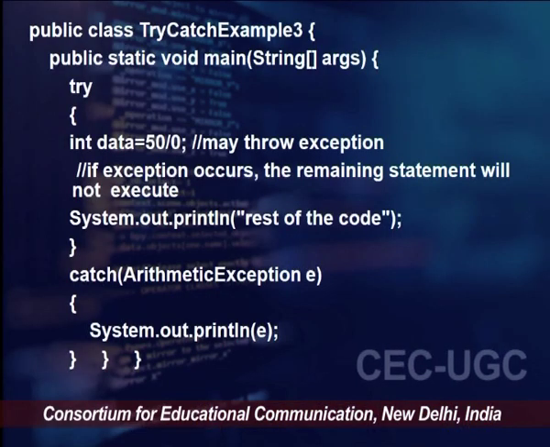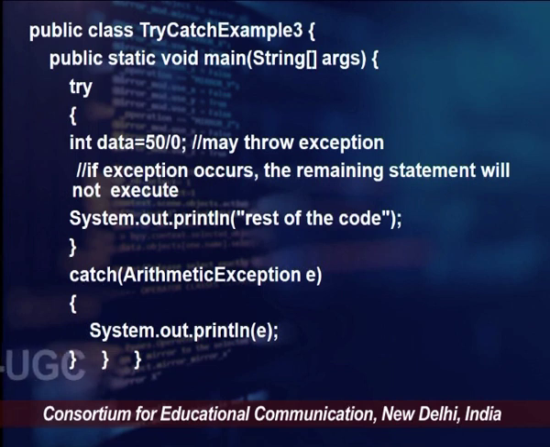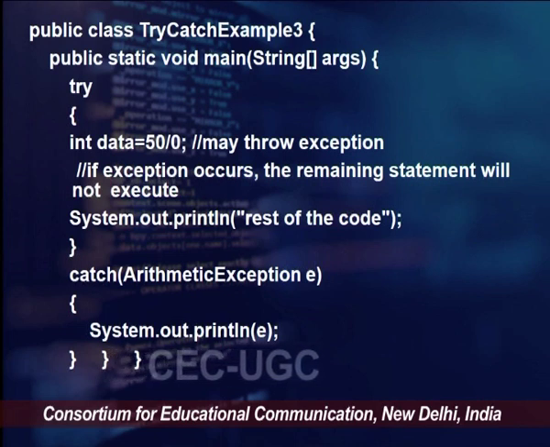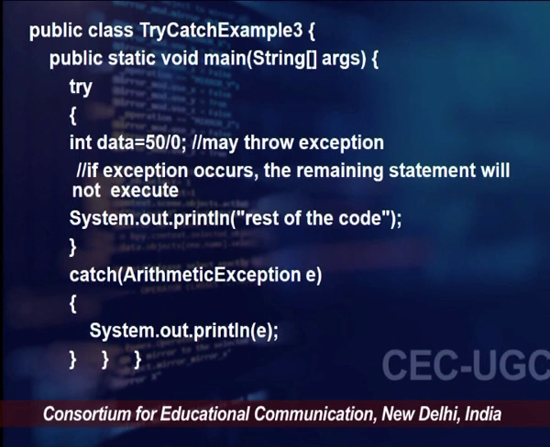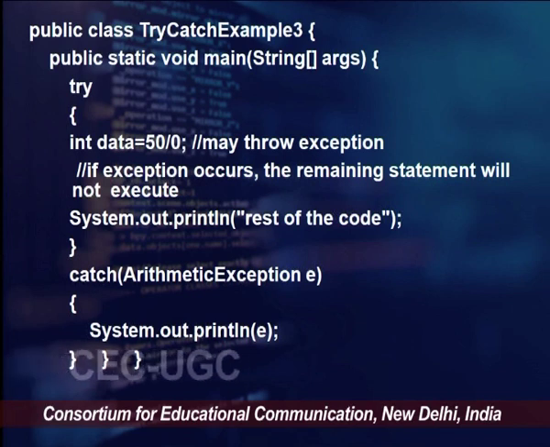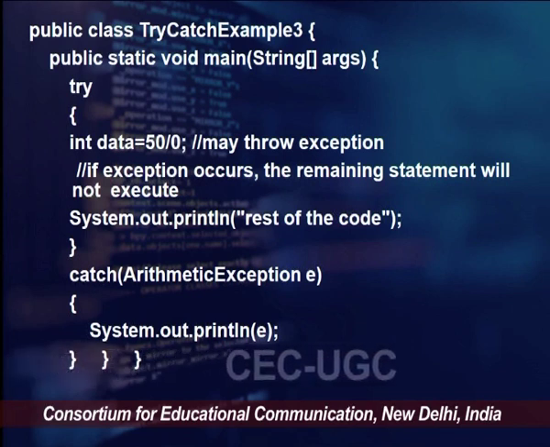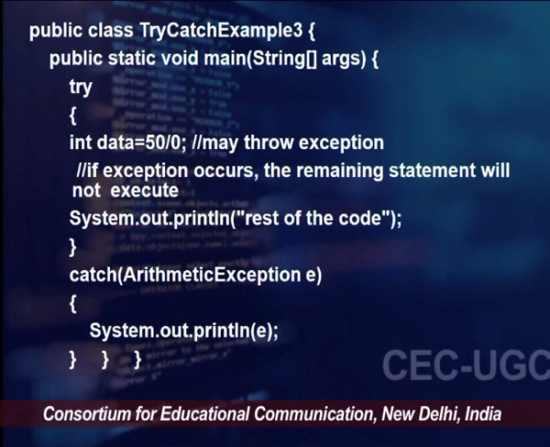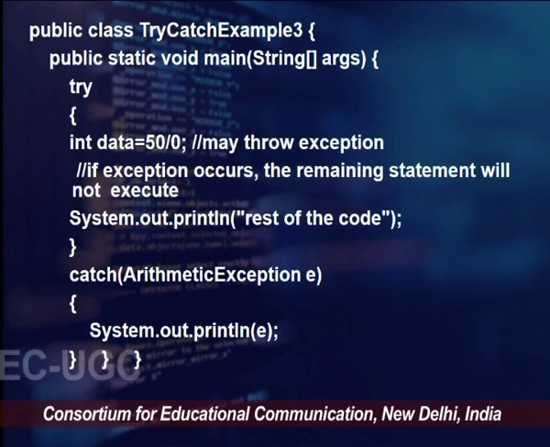Now let us say we place some code inside the try block, just after the statement which may throw an exception. What will happen to that code? Here we have int data = 50/0, which is going to throw an exception, and if that exception occurs, the remaining statement will not be executed. Within the try block we have one more statement, System.out.println("rest of the code").